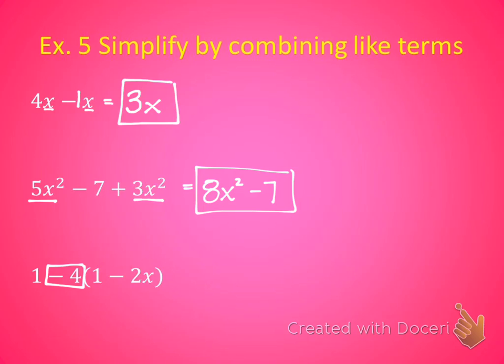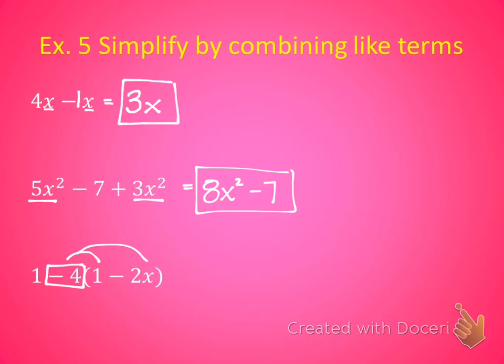Distributed. You have to do distributive property first. You may say, well, why? Why would it matter? Order of operations. Distributive property is what operation? Multiplication. Does multiplication come before subtraction? Yes, it does. So it matters. Your answer will change if you do subtraction before multiplication.